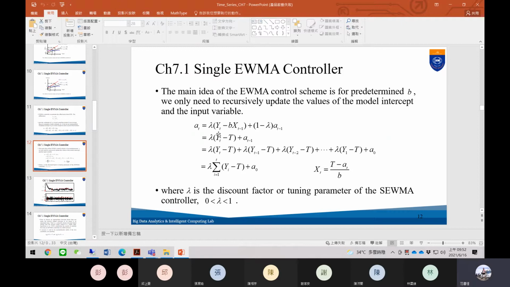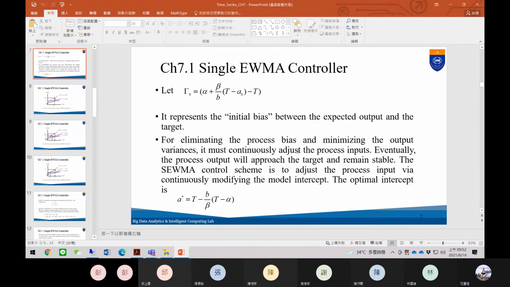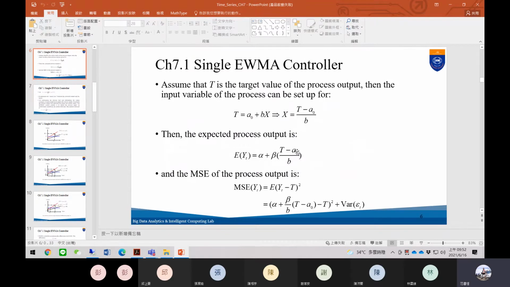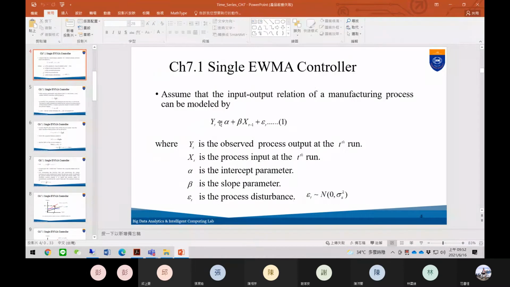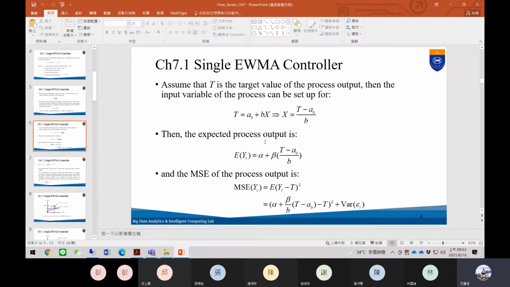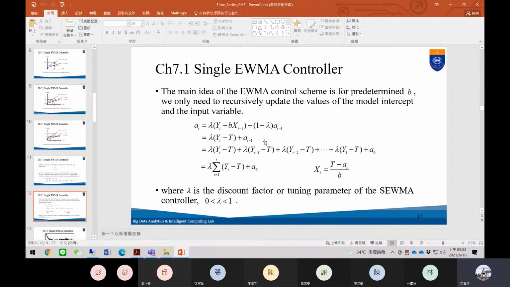Yeah, this is YT minus B XT minus 1. Right here, YT is equal to that. YT minus beta XT minus 1 is proportional for the intercept, this is for the AT.